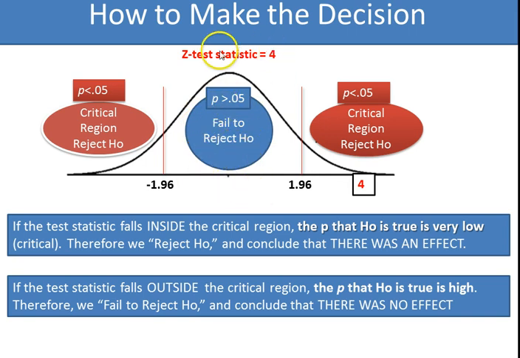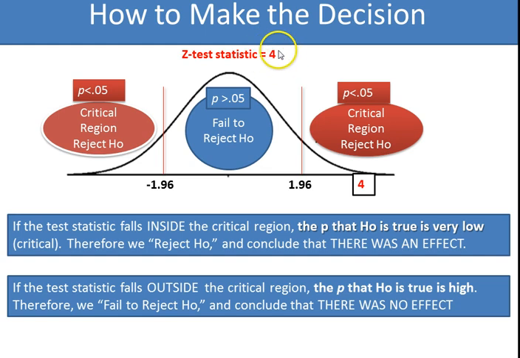And so our test statistic was equal to 4. 4 lies to the right of this critical region line, right? Z is 1.96. That's our cutoff critical value, 1.96. And the 4 would fall into this critical region, into the tail of this distribution.